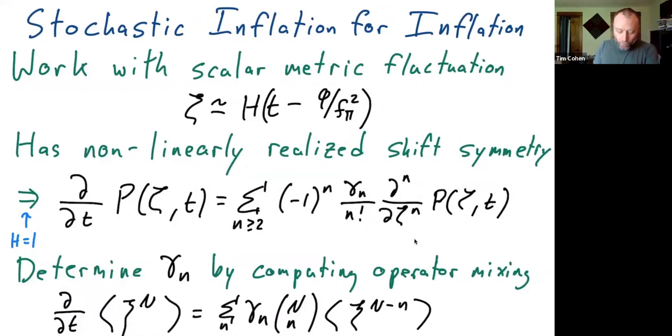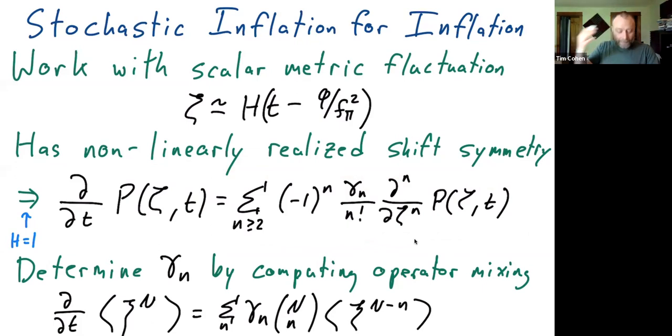So now instead of phi, I want to talk about zeta, the scalar metric fluctuation in inflation. And zeta also obeys a Fokker-Planck equation. But zeta has a nonlinearly realized shift symmetry from the diffeomorphism invariance, so the only types of corrections that can appear in its Fokker-Planck equation are derivative corrections.